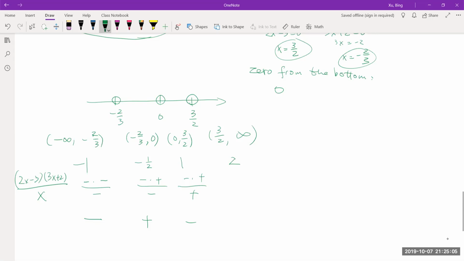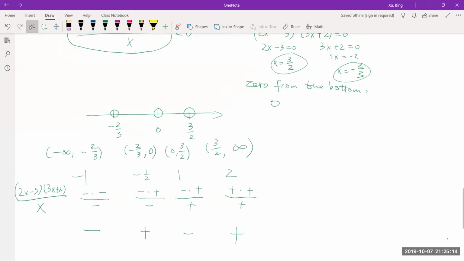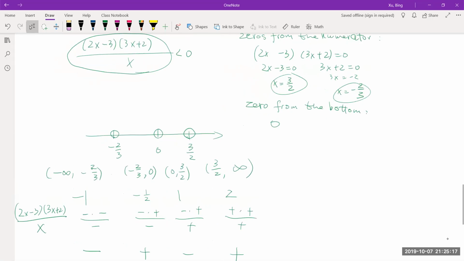Plugging in 2: 1 minus 3... positive, positive, and positive. We want that expression to be negative, right? So the negative ones are this interval and this interval, and your solution is negative infinity to negative 2 over 3 union 0 to 3 over 2.